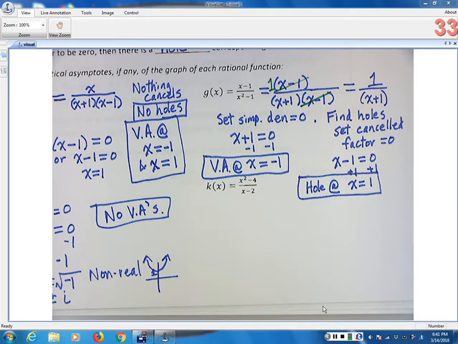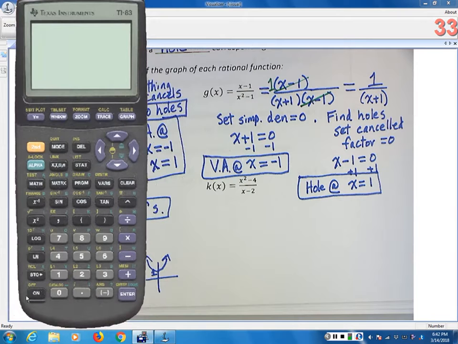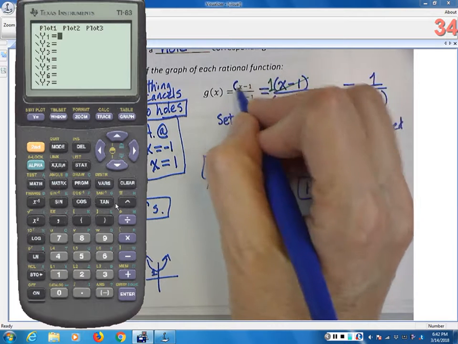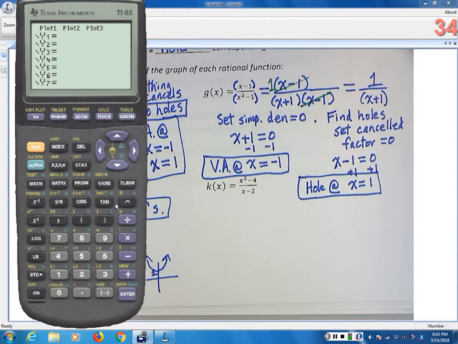So, okay, and if we graph that on the calculator, we can graph the original function on the calculator. Y equals, clear. Okay. You have to put parentheses here and here. If you don't add parentheses, you're going to get it wrong.